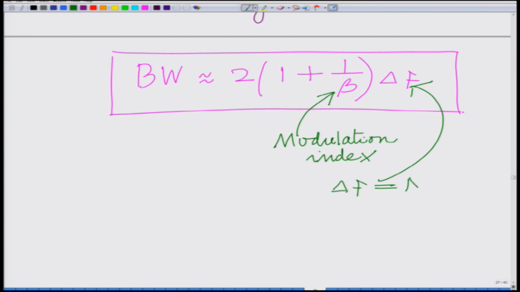Okay, simply this is the maximum frequency deviation of the instantaneous frequency from the carrier frequency.